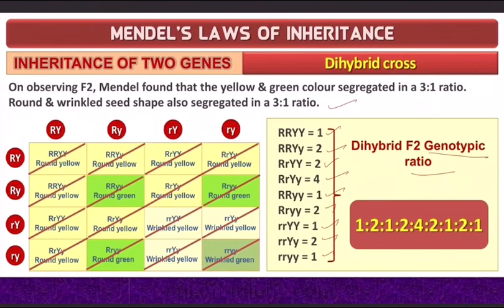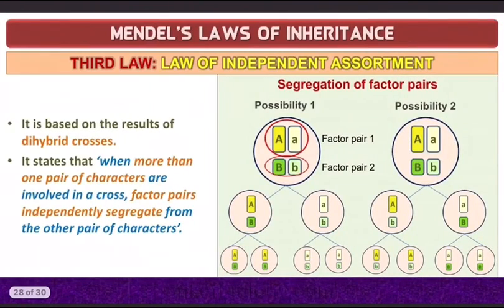Small r, capital Y, 1. Small r, capital Y, 2. And all recessive 1. So 1:2:1:4:2:1:1. This is the genotypic ratio. Okay. Overall, you can see the total should be 16. It cannot be more than that.